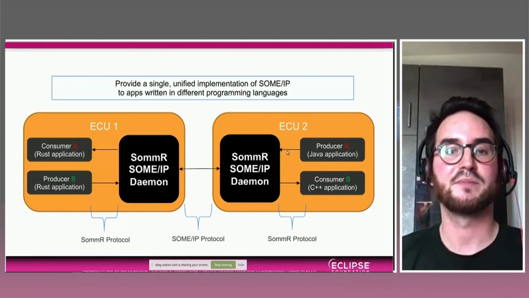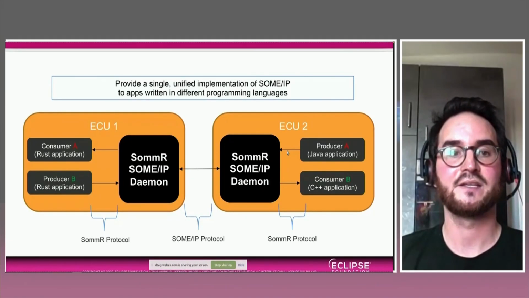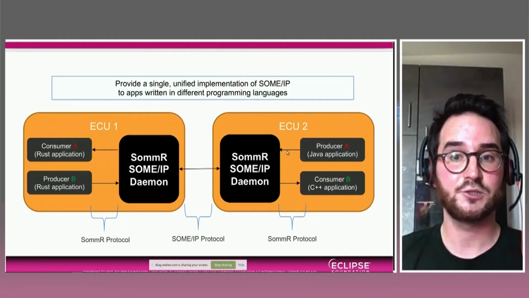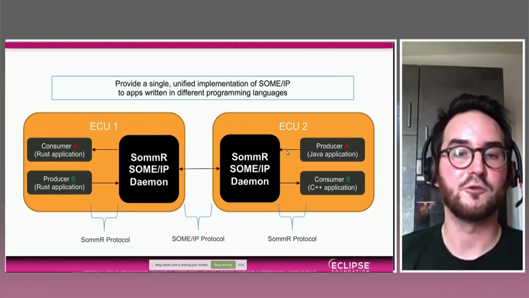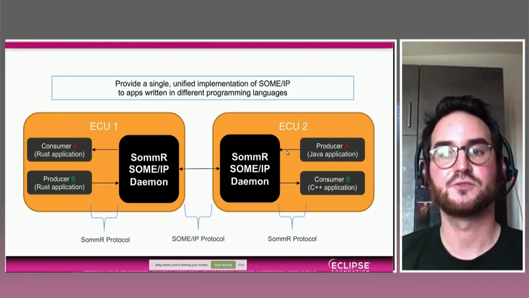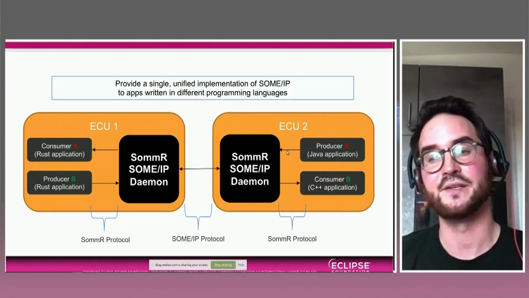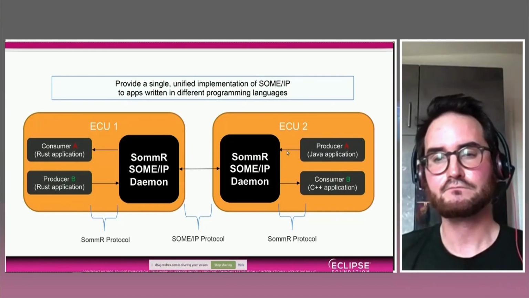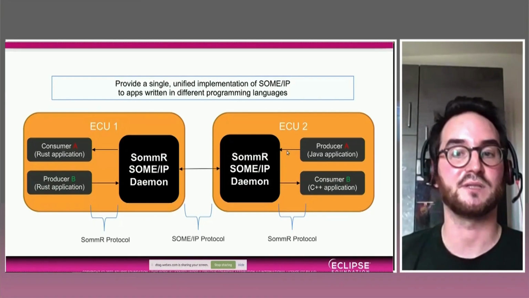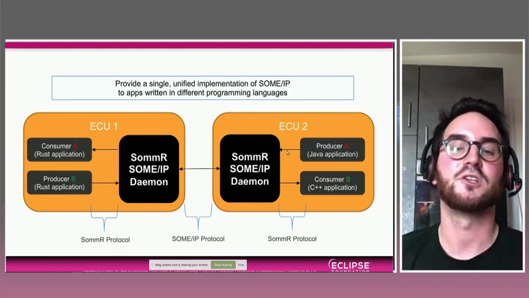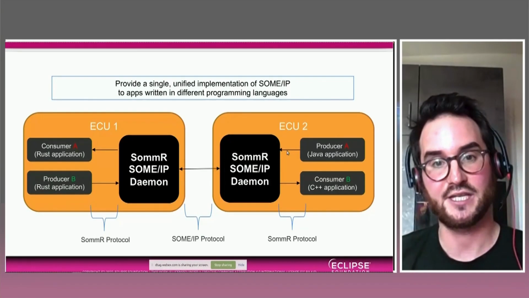Then the SommIP daemon will relay this request to another ECU, offering this service to consumer B, which you also see in a green ladder.